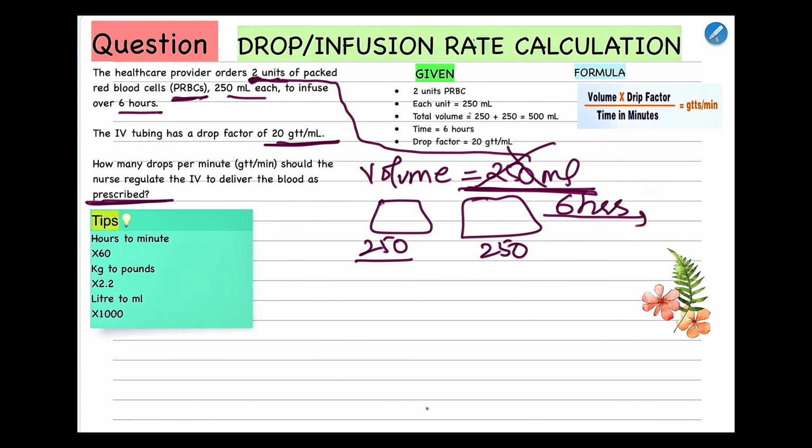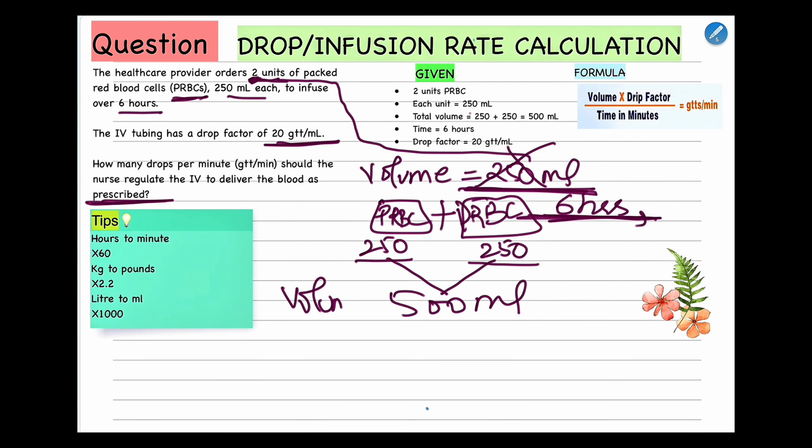It is 250 plus 250, because we have 2 units of packed RBCs which we are going to deliver over 6 hours. So 250 plus 250 will make 500 ml. So our volume here is 500 ml and not 250 ml. The time is 6 hours, but we need the time in minutes. So 6 into 60 is equal to 360 minutes.